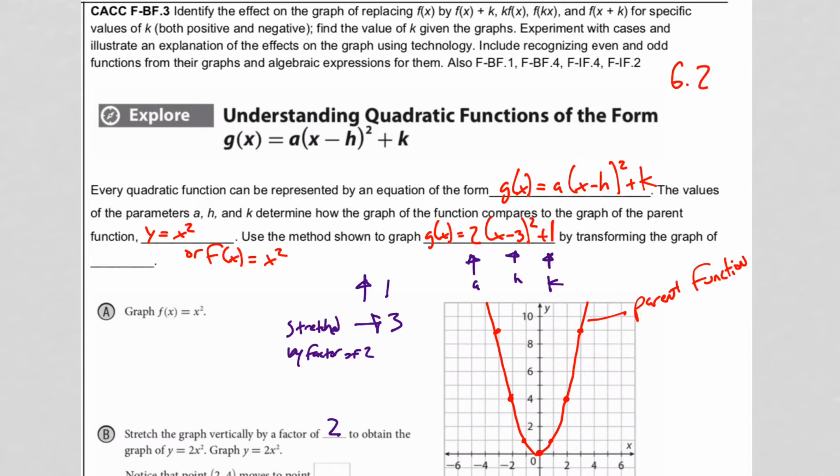And now in purple, this thing's going to have a vertex of basically 3, 1. So 1, 2, 3, 1. And then the point 2, 4 is going to move to 2, 8.